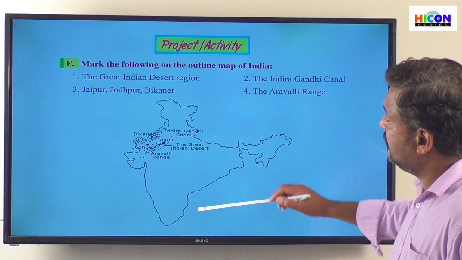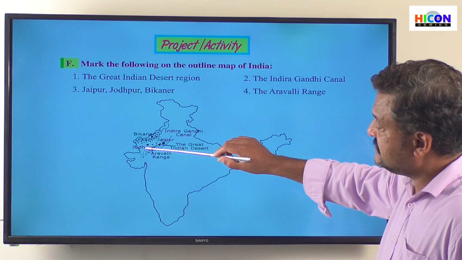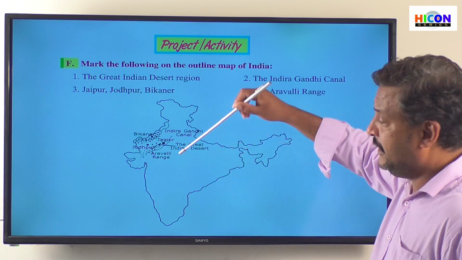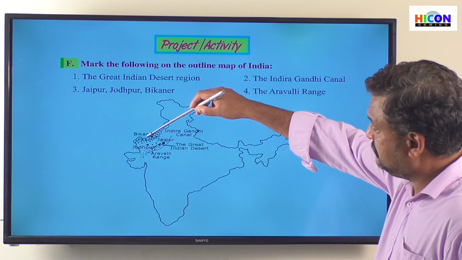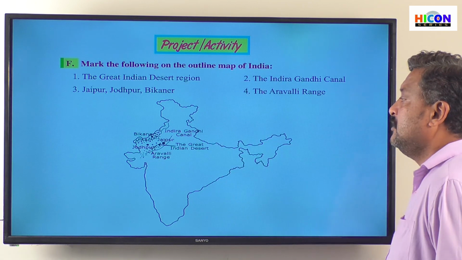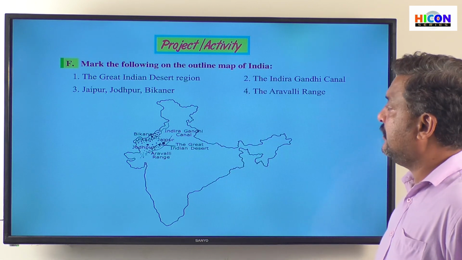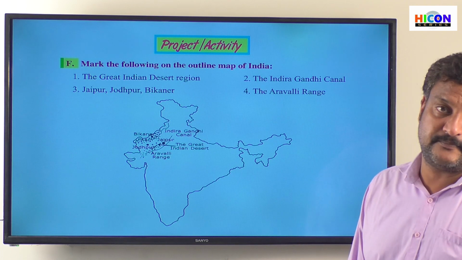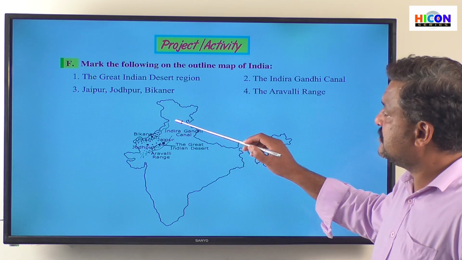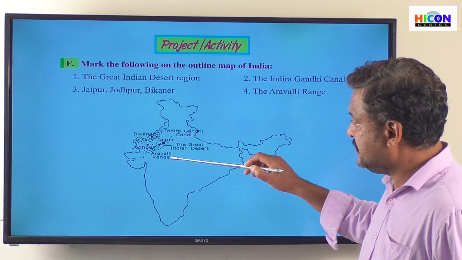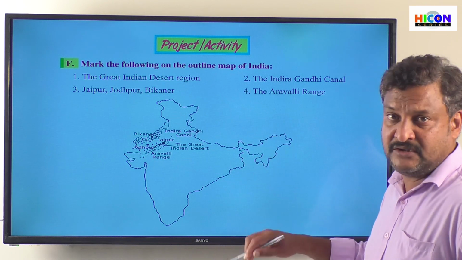Right? Then Jodhpur is almost in central Rajasthan, and towards the western boundary with Pakistan, on the western side of the Indira Gandhi Canal, is Bikaner. Right? So this shaded, dotted region is the Great Indian Desert or the Thar Desert.